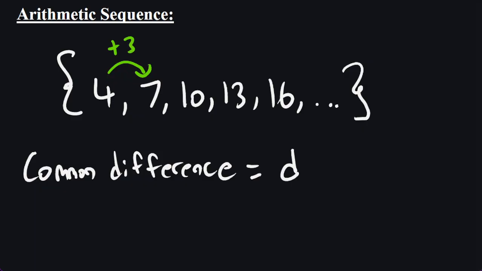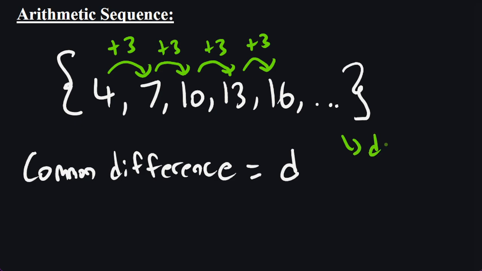That's plus 3. How do we go from 7 to 10? That's plus 3. 10 to 13, plus 3. 13 to 16, plus 3. So the common difference D for this sequence is 3. So that makes this an arithmetic sequence.